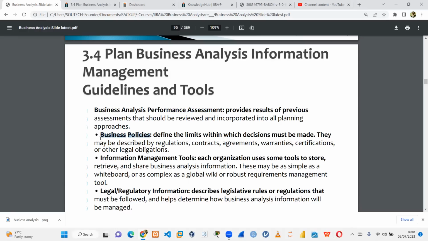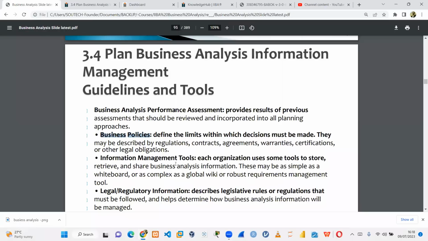Because if a company needs to have certification or an agreement, a contract with stakeholders, developers, government agencies or regulators, it means that is how it needs to be done. That means there's an established way, a policy, for how you carry out your work. So that contributes to part of your guidelines and tools.